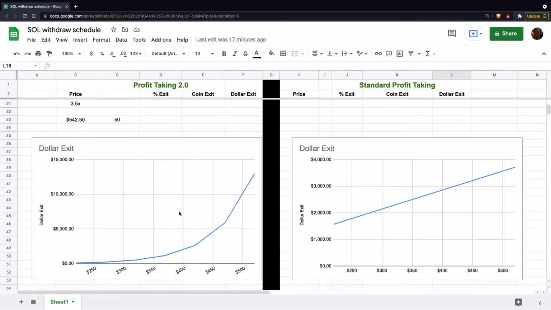And you can see this chart goes to 15,000, and you can see this non-linear approach, right? You're taking these small profits at the bottom, and then price ramps up and you're finally taking a large chunk at the very end. Whereas this is the other approach, and it just kind of jogs along here, a very non-exponential approach, right?